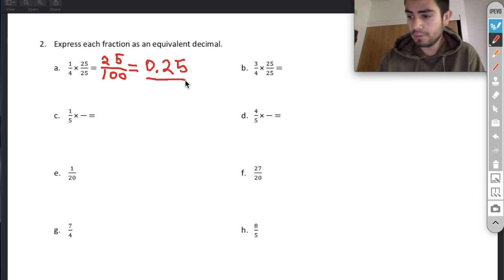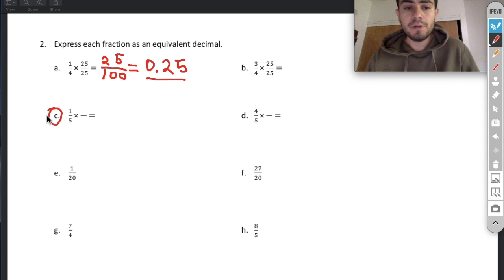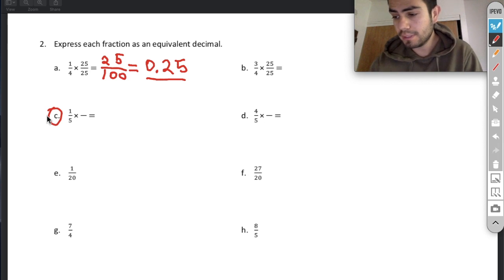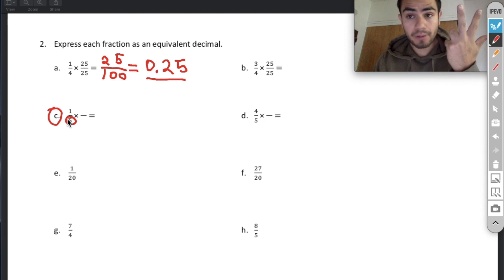Now, let's do this bottom one here. C. If you notice, you have a 1/5. Now, your goal is to change this number either into tenths, hundredths, or even thousandths.